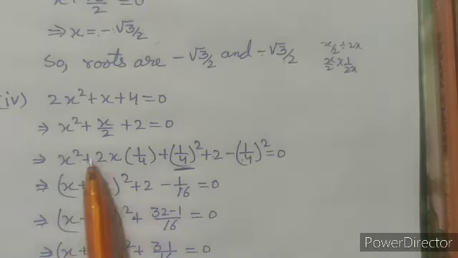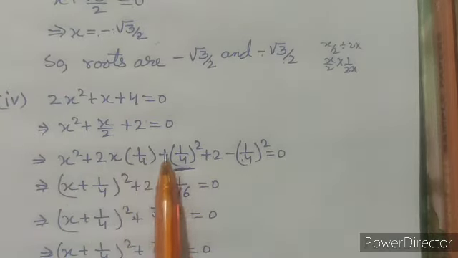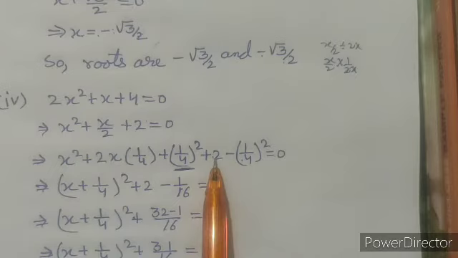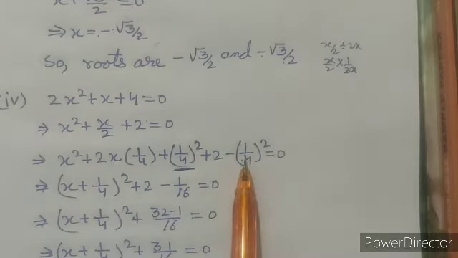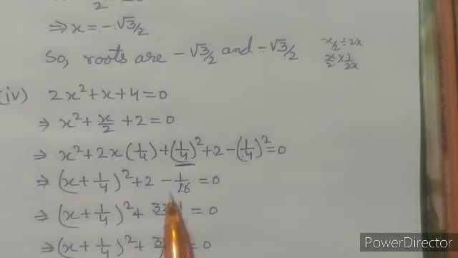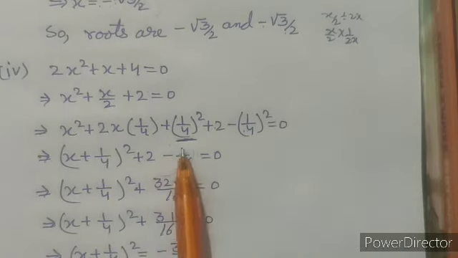Now x square plus 2x into 1 by 4 plus (1 by 4) square will be equal to (x plus 1 by 4) square. Now plus 2 minus 1 by 16 was already there, as square of 4 will be 16. Now on solving these two, we are getting 2 minus 1 by 16 as 31 by 16.